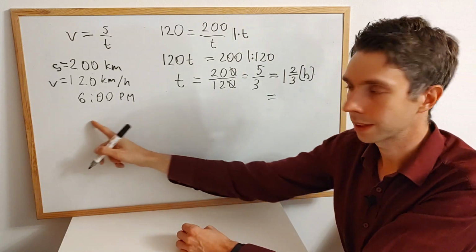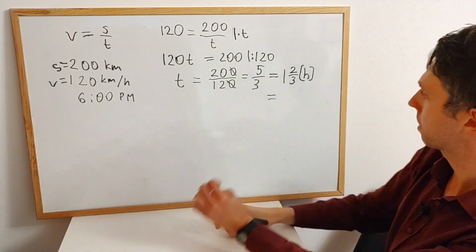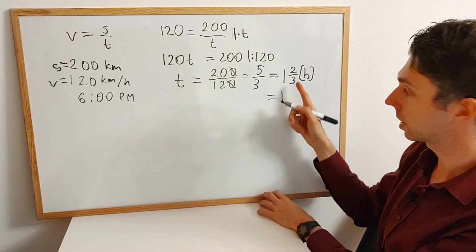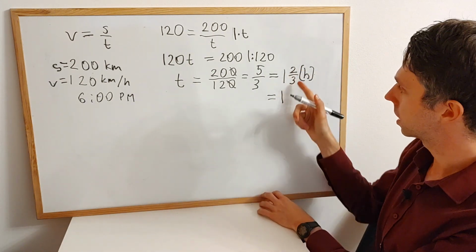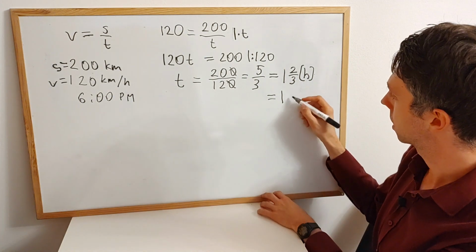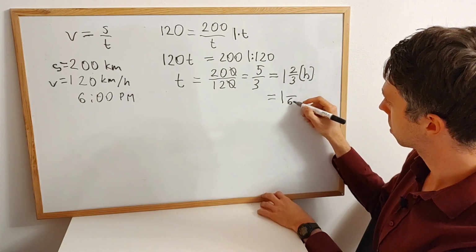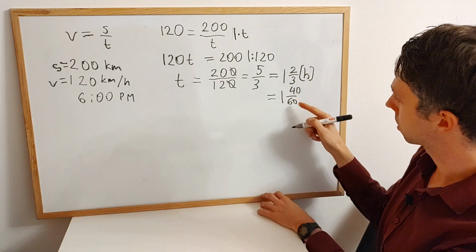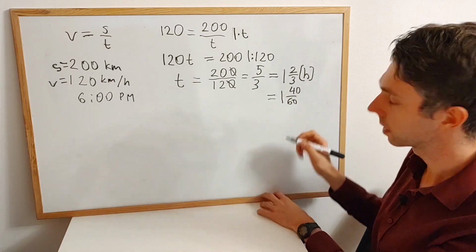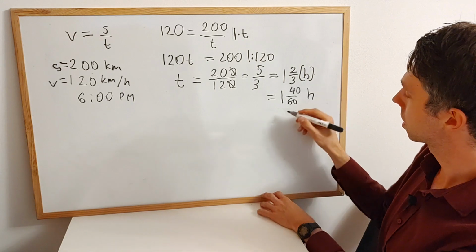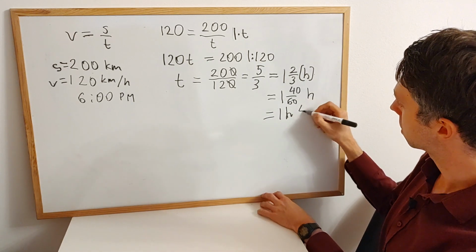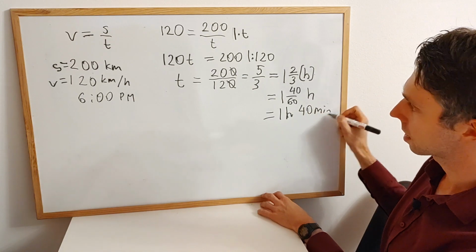To calculate the departure time, you can multiply both numerator and denominator by 20, so that you see that this is 1 and 40/60 hours. So this means it's 1 hour and 40 minutes.